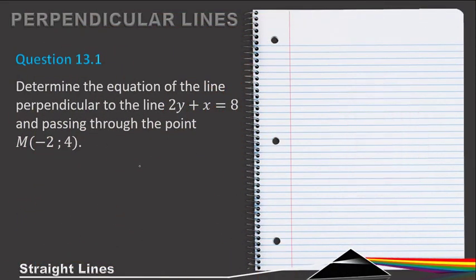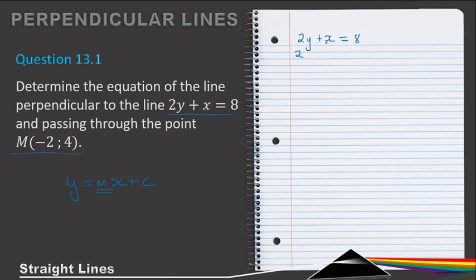Then for question 13.1, determine the equation of the line perpendicular to this line and passing through this point. So we know we want the equation y equals mx plus c. Let's first find m, and we can find it with this information over here. We start with the line 2y plus x equals 8, and we need to put this first in standard form so that we can get the gradient from there.